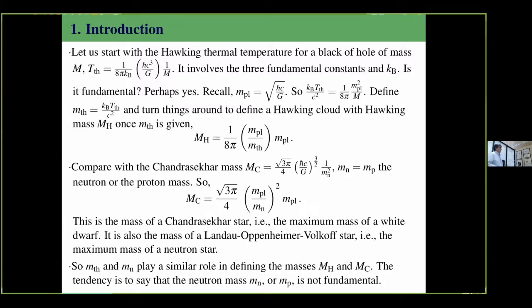It's also the mass of a Landau-Oppenheimer-Volkoff star, which is a neutron star, the maximum mass of a neutron star. Landau worked that out in 1932 with some plausible arguments, and then Oppenheimer and Volkoff did the full calculation in 1939. So if you envisage the Hawking mass as this and the Chandrasekhar mass as this expression, you see that m thermal and m neutron or proton play a similar role in defining the masses m_H and m_C.